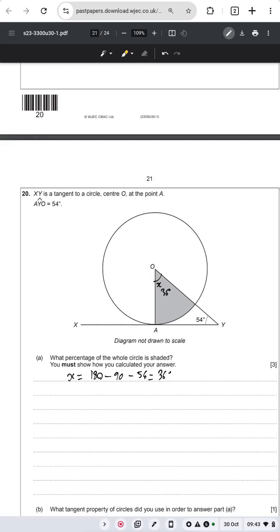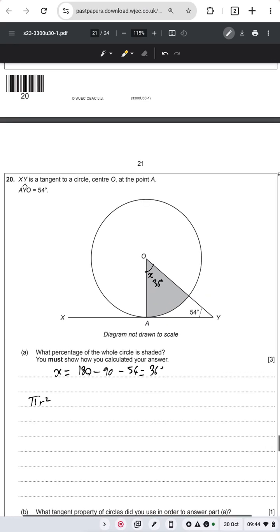So normally the area of a circle is pi r squared, but we need to look at this as a ratio of 36 over 360. So what we're going to end up with is, if we are trying to convert this into a percentage, we need to know that the total area of the circle, so this is equal to area shaded.